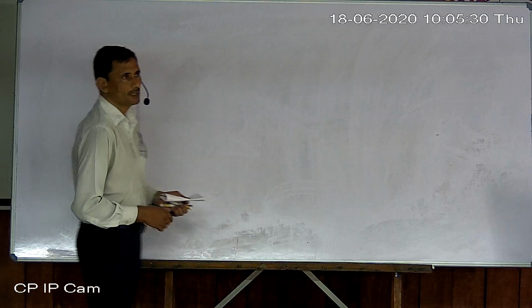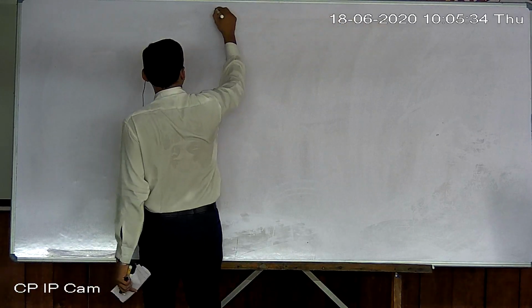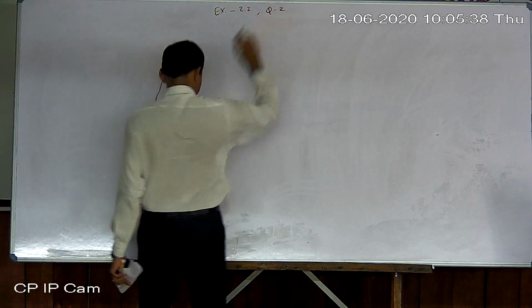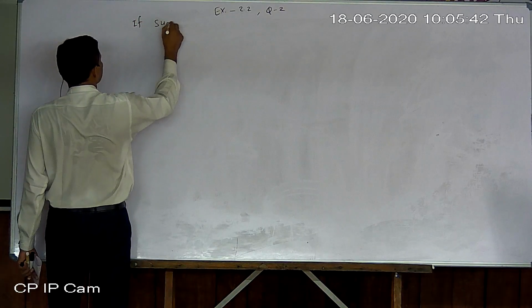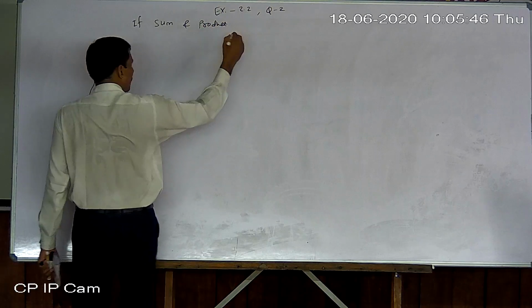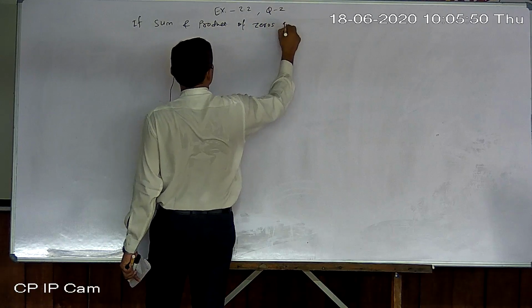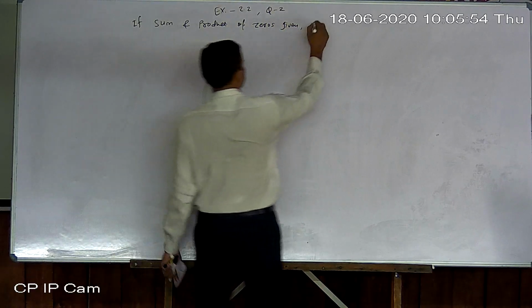Now it is in exercise 2.2, question number 2. If the sum and product of zeros are given, then find the polynomial.